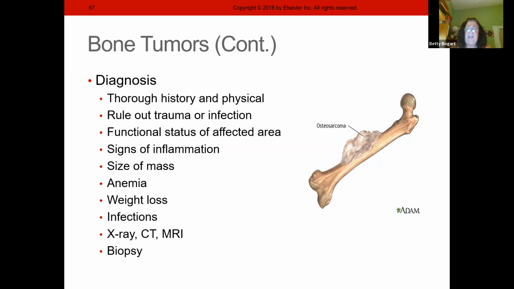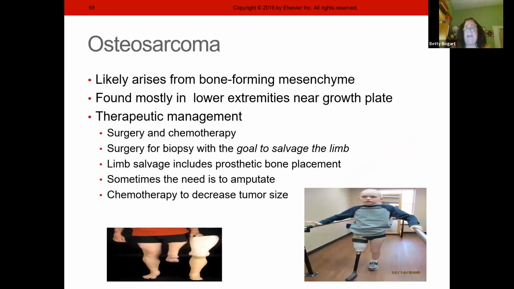And usually in children, the younger kids, you see it with a limp. Limp on a kid, there's something going on. And then, of course, you're going to look. If it's a cancer, you're going to see anemia and weight loss and infections. X-ray, you might see a little fuzz. CAT scan, MRI, you'll see a little bit more, but they'll do a biopsy and see what the cancer is.